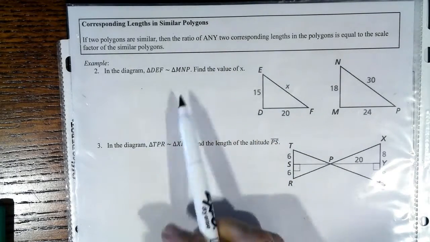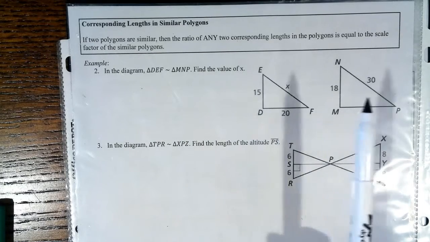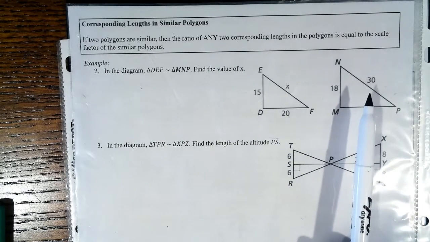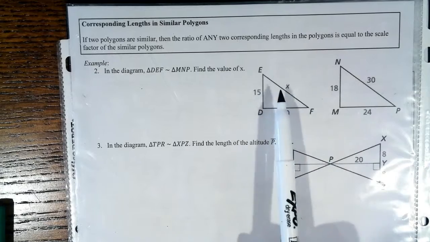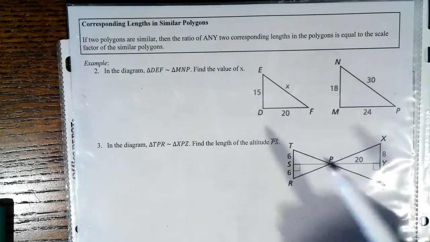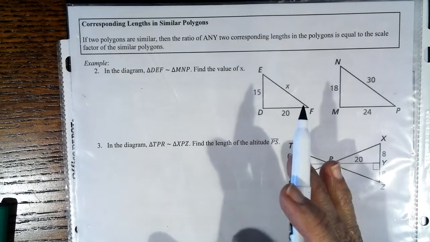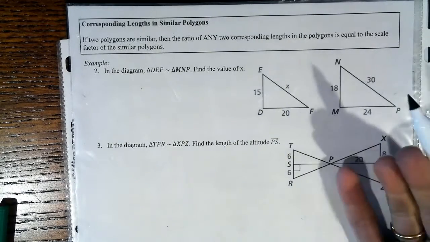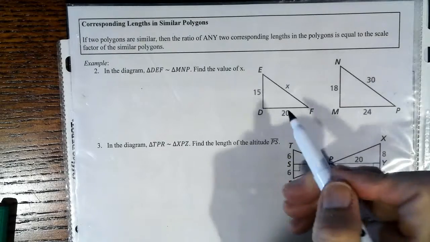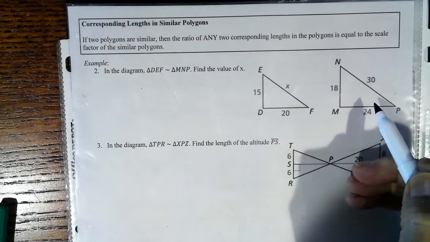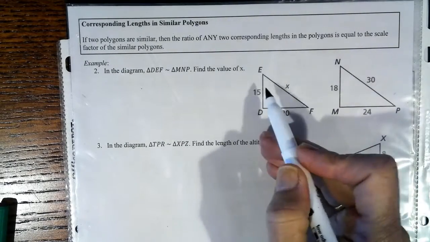So here's an example. It's telling me that this is similar to this one. So I want to find X, right? That means I can write any of these ratios where the one over the other equals x over something. If I'm going from here to here, remember this is my image, this is my pre-image.